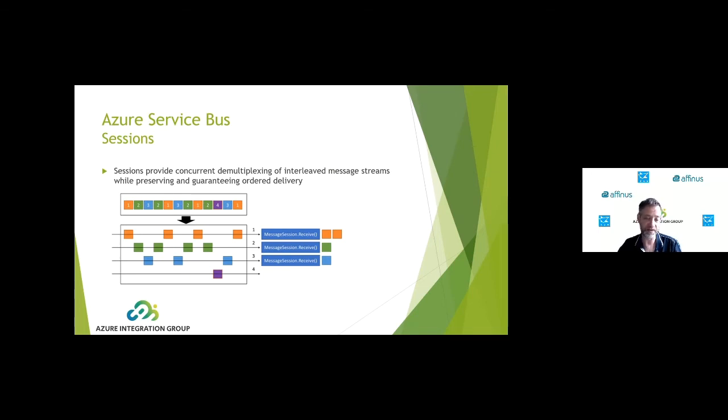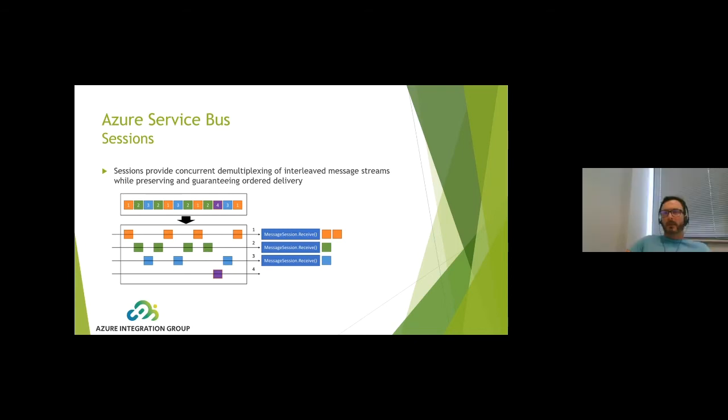Everything that's orange and a 1 is related, everything that's a 2 and green is related, and everything that's a 3 and blue is related. What we would like to do is say, as consumer 1, message session receive, I want to get all the number 1s, but received in order.